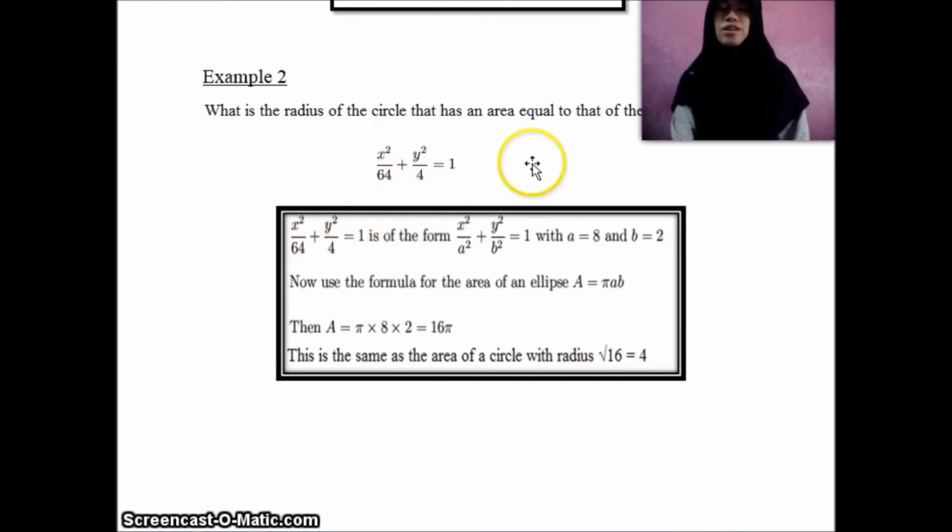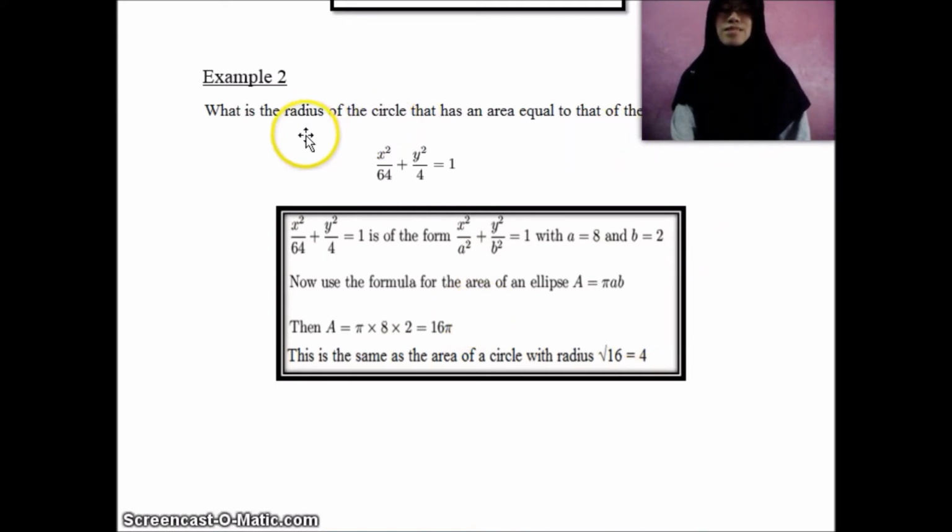So to find the area of the ellipse, we need to find a and b. Like before, we square root the a squared, that is 64, to get a equal to 8, and square root of 4 to get b equal to 2. Now we can use the formula area equal to pi times a times b, so the area of the ellipse is 16 pi.